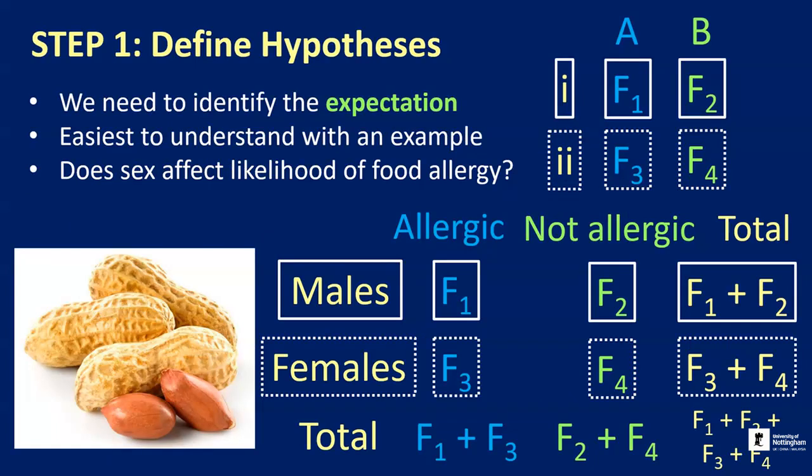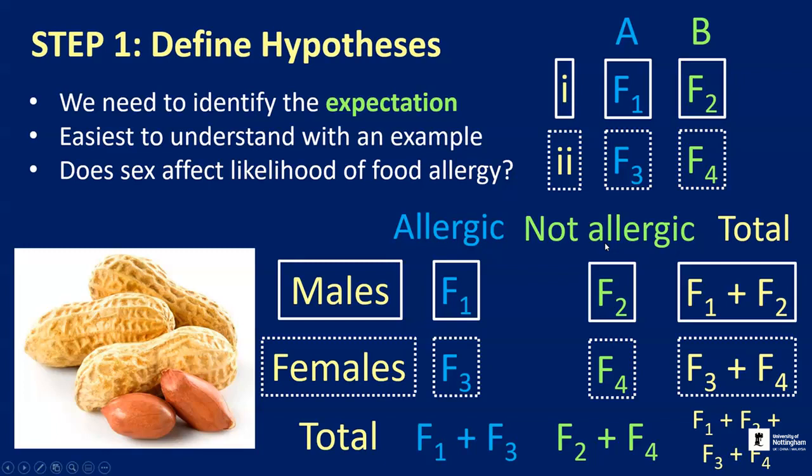So it's much easier to understand this with a real biological example, and I'm going to use an example that's about allergies, because you know we're having an allergy epidemic certainly in the developed world. Huge numbers of people having sometimes really life-threatening reactions to allergens. So we're going to look specifically at peanut allergy actually, and what we've got here on this slightly confusing slide is the idea that we could collect data for men and women who are having an allergic reaction or who have had an allergic reaction to peanuts and those that have not.